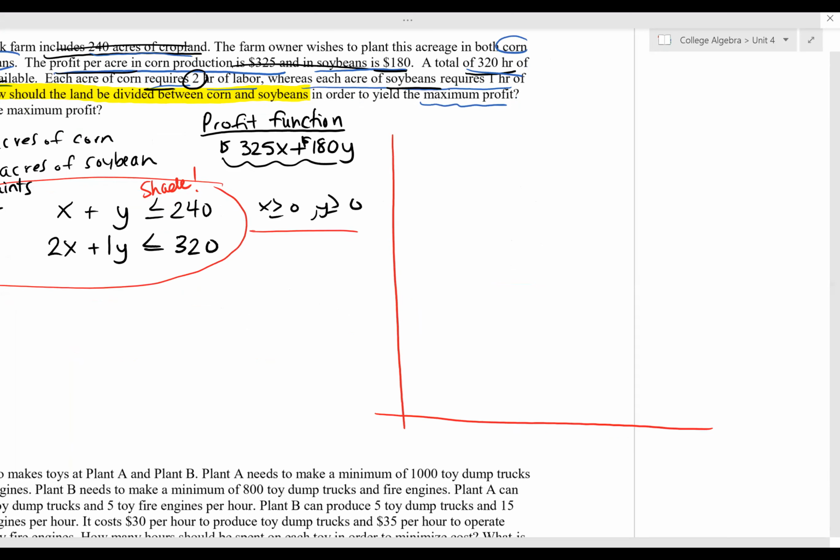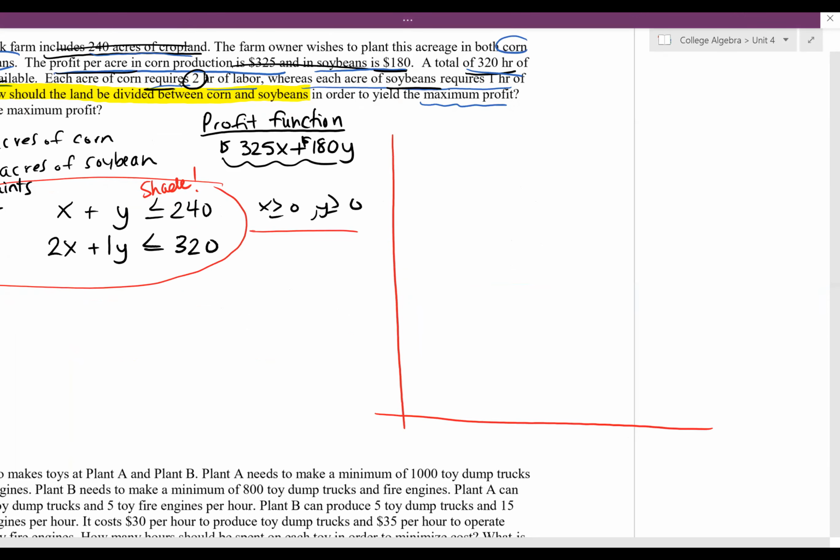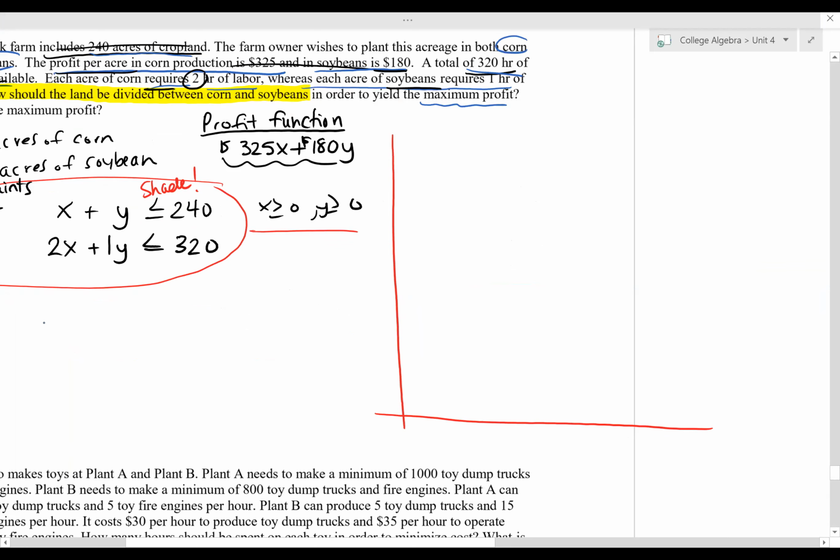And the best way to do these is by finding intercepts. Okay, so that's where we take X plus Y equals 240. So if we let Y be 0, X is 240. And if we let X be 0, Y is 240. So it's very simple to get the intercepts to plot with that equation. And then for the second one, 2X plus Y equals 320.